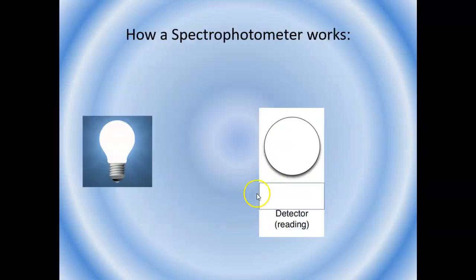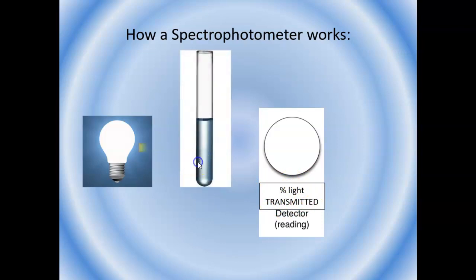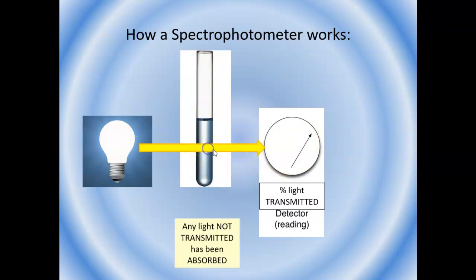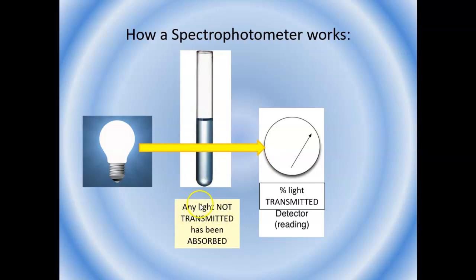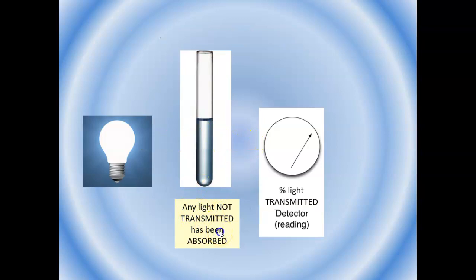Inside the spectrophotometer, what we see happening is we've got a light source and we've got a detector. What we're measuring is the percent of light that is transmitted. What that means is if you shine a light through there, you get so much light coming through. Some of that light won't go through and it'll be absorbed, and anything that's not transmitted has been absorbed.